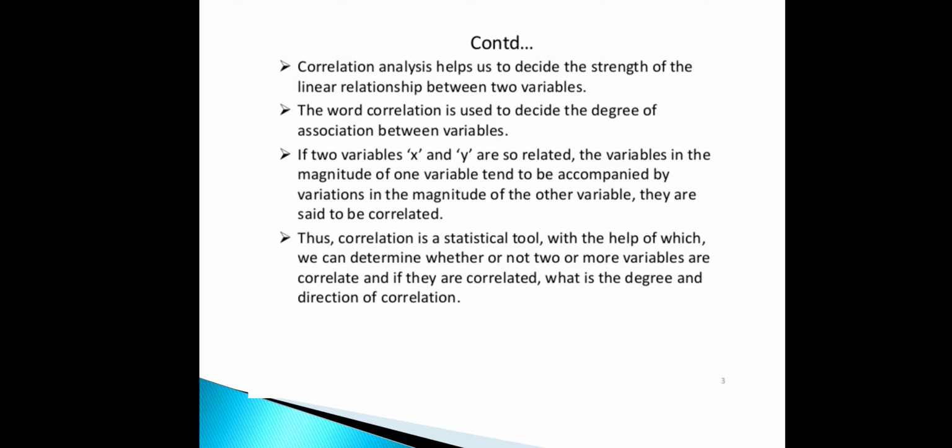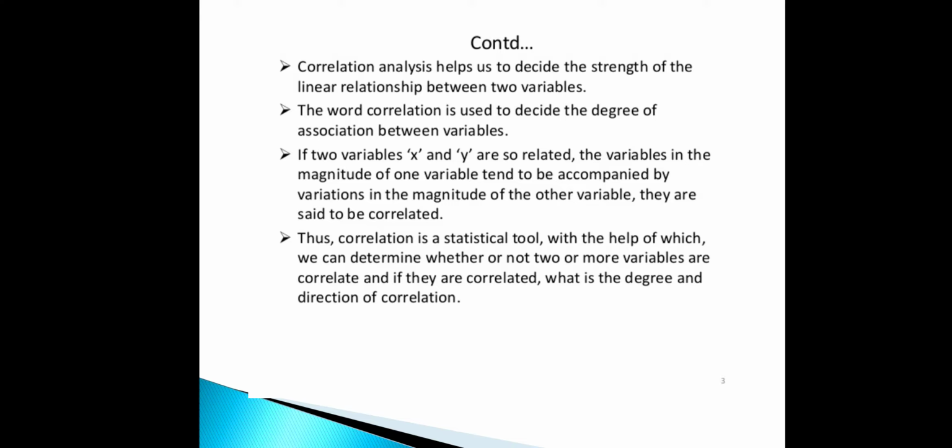The word itself suggests the degree of association between variables. If two variables x and y are so related that variations in the magnitude of one variable tend to be accompanied by variations in the magnitude of the other variable, then they are said to be correlated.